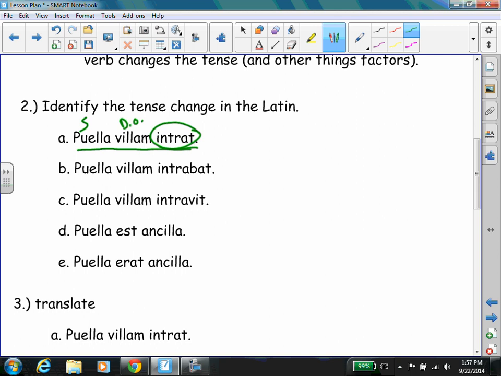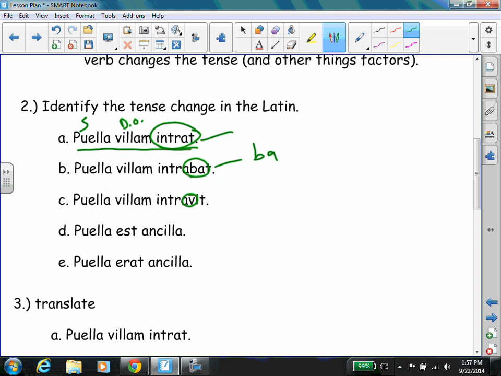Now they're starting to sneak these little tenses in here. BA. You have to recognize the difference between intrat and intrabat, and between intrat and intravit. We have to be able to identify what we call tense markers. For the imperfect tense, it's going to be BA pretty much every time.